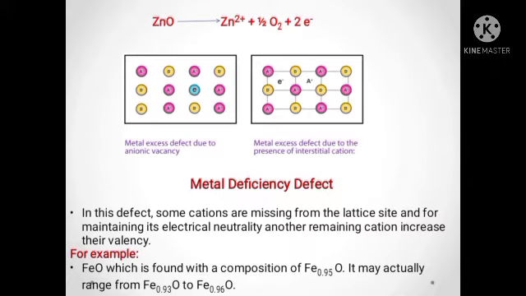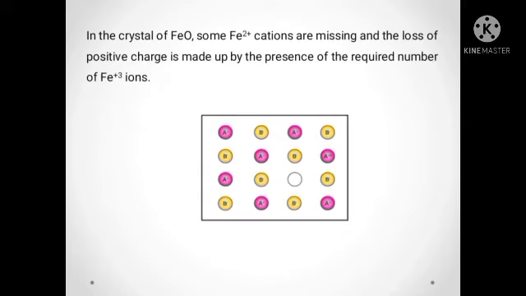For example, iron oxide, which is found with a composition of Fe0.95O, actually ranges from Fe0.93O to Fe0.96O. In the crystal of iron oxide, some Fe2+ cations are missing, and the loss of positive charge is made up by the presence of the required number of Fe3+ ions.